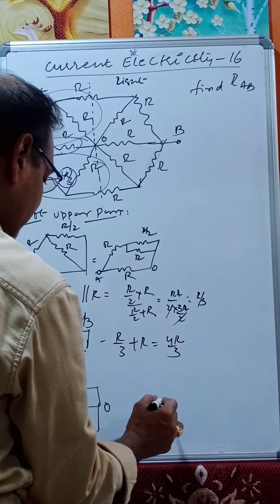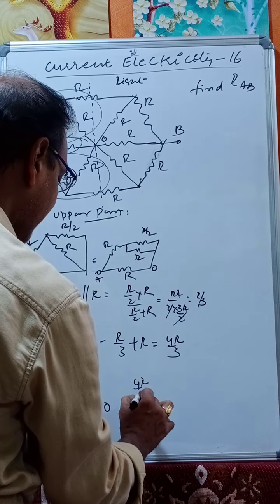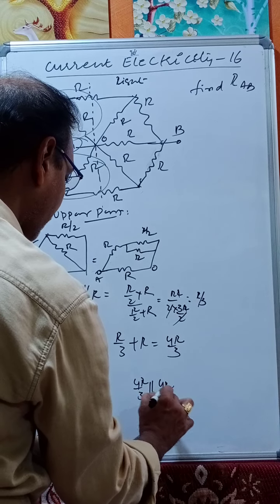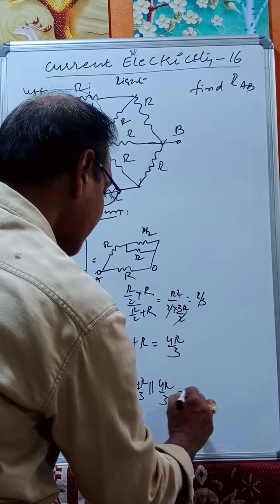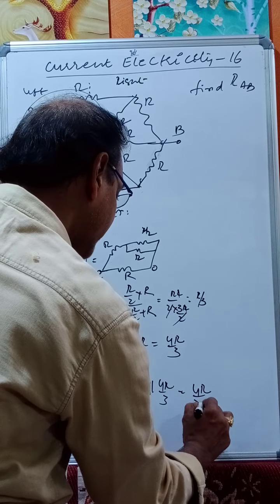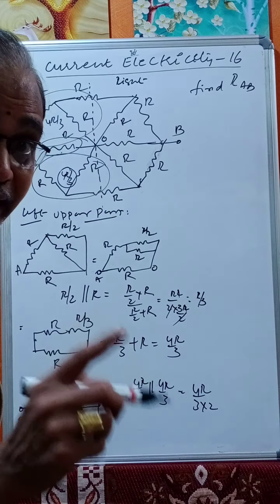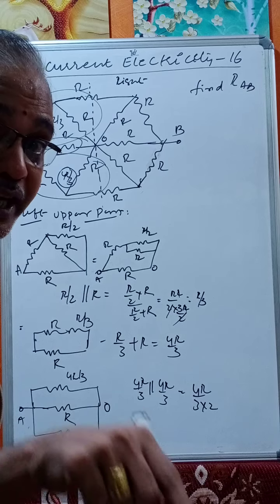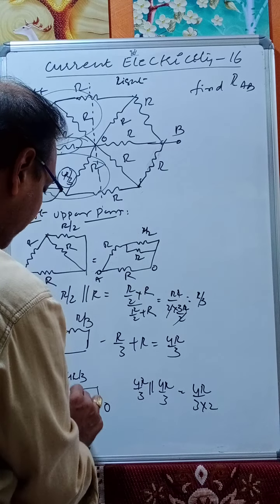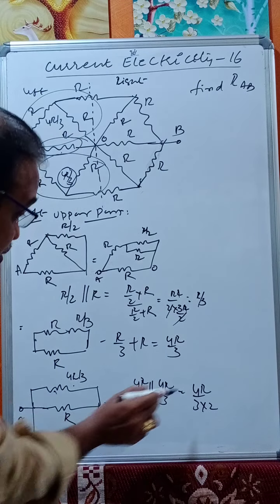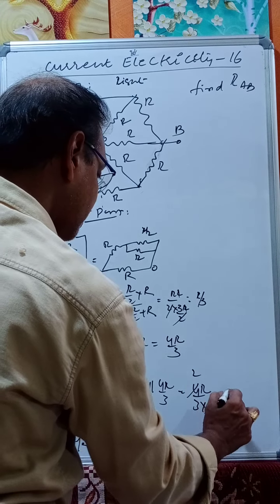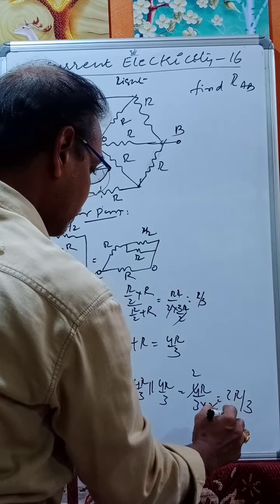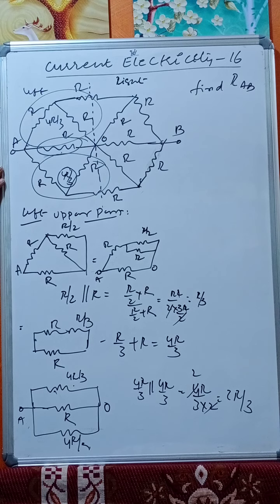Therefore 4R by 3 in parallel with 4R by 3. R in parallel with R is R by 2, so this becomes 4R by 3 into 1 by 2, that is 2R by 3.